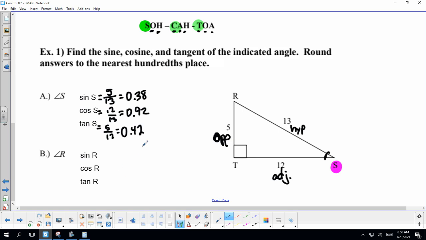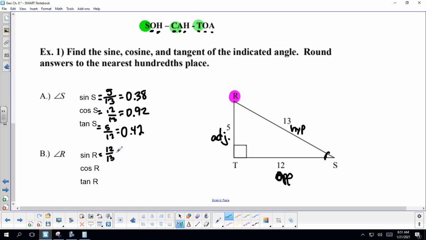Alrighty, now we're going to do the same thing with R. So we shift our focus to R. And then what that does is it trades these guys. So now 12 is the opposite side and 5 is the adjacent side when I'm looking at R. So we're going to put the ratios together for R. So sine is opposite over hypotenuse.